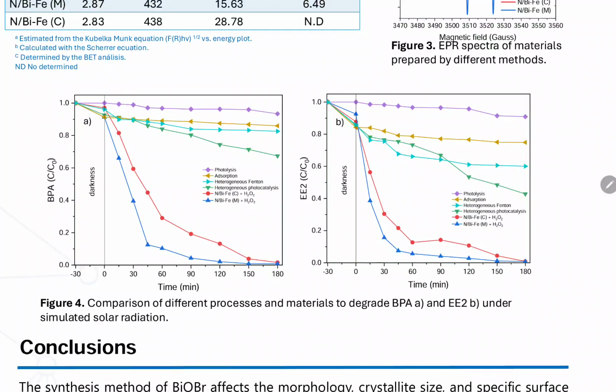And finally, the complete degradation of BPA and EE2 was achieved only with the heterogeneous photo-Fenton process in 150 and 80 minutes. As we can see, the blue line with the small triangles has the bigger degradation compared to the individual processes.